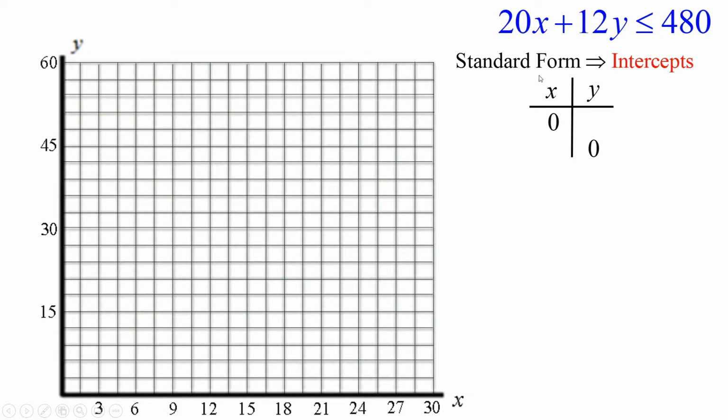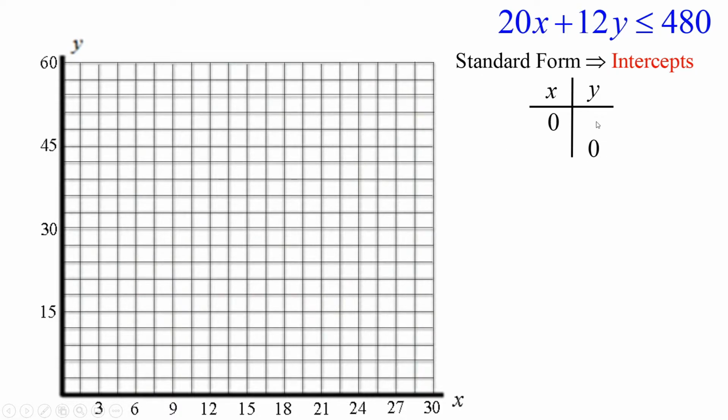If x equals 0, 20 times 0 is gone, and I'm left with 12y is 480. So let's find our y-intercept by taking the 480 and dividing by 12. 480 divided by 12, and I'm getting 40. So the y-intercept is 40.